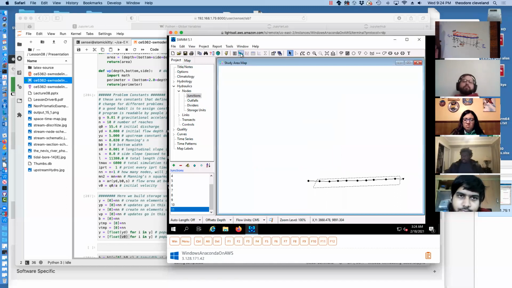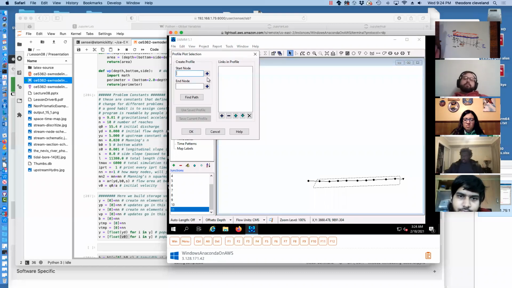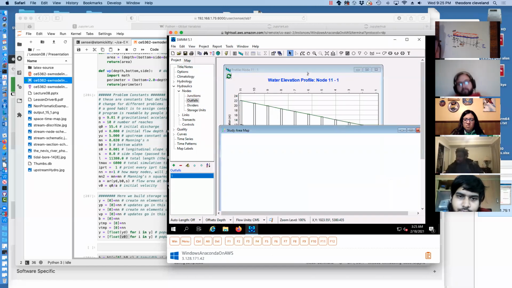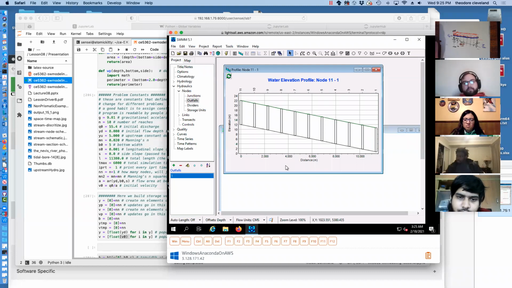Okay, let's take a look at what we've built. So it looks like a rectangular sloped channel, and more or less the same as we've built.